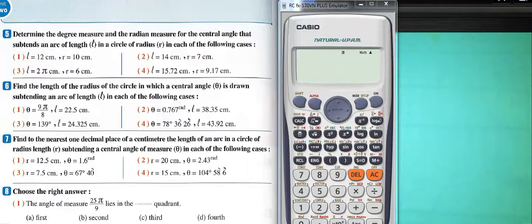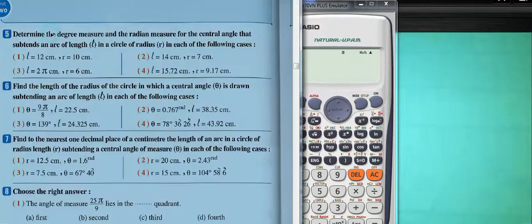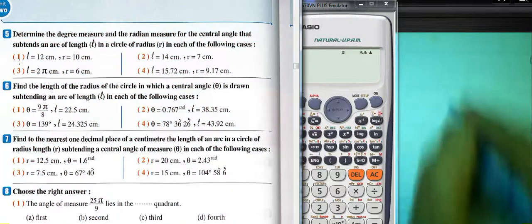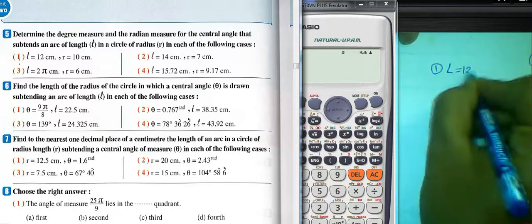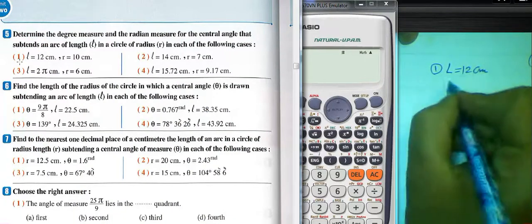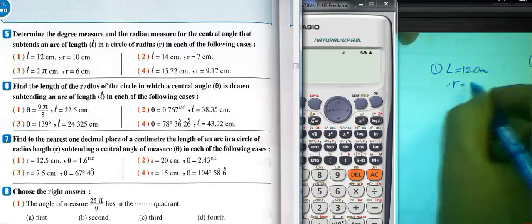Question number 5. Look here on the left hand side. Determine the degree measure and the radian measure for the central angle that subtends an arc of length L in a circle of radius R in each of the following cases. Number 1, L equals 12 centimeter and radius equals 10 centimeter.